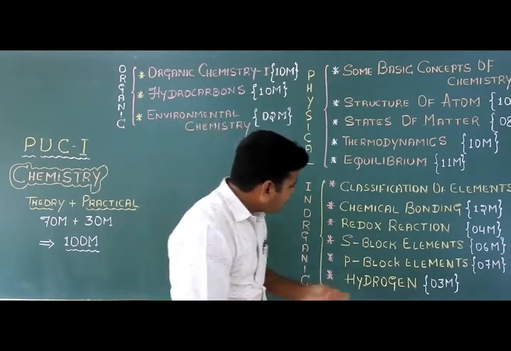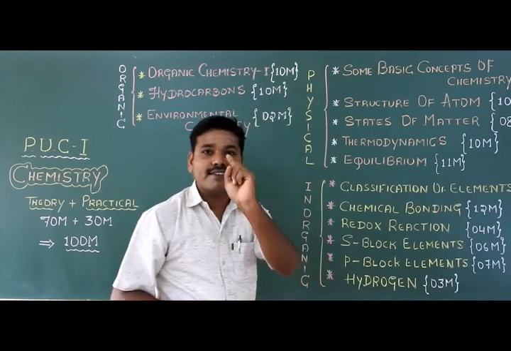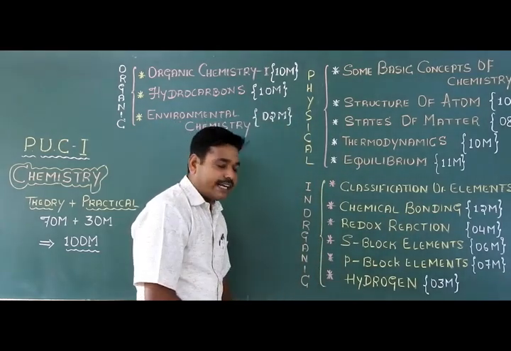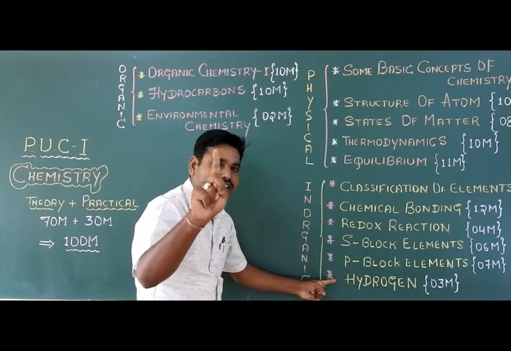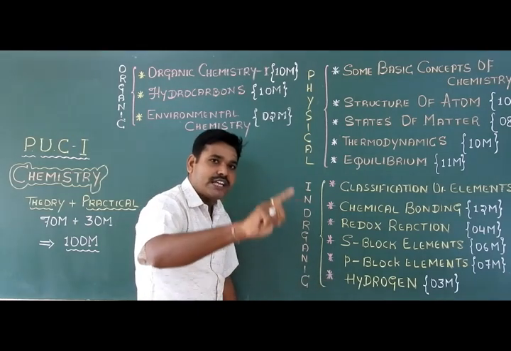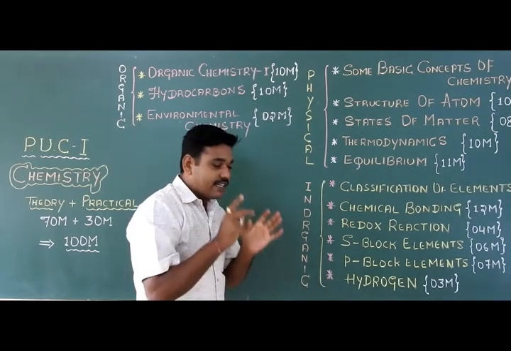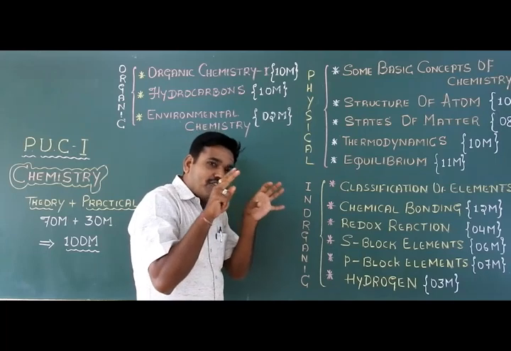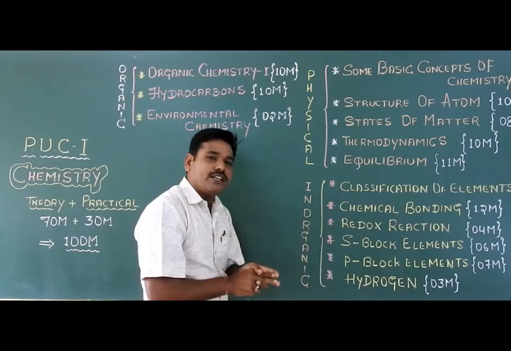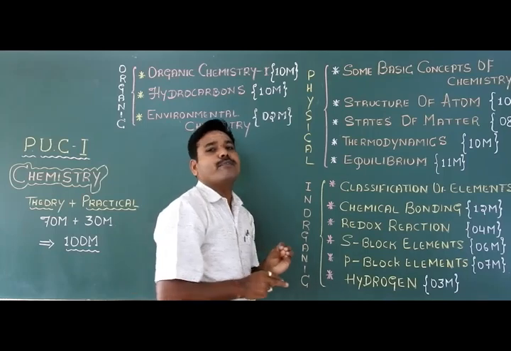And the total weightage of this p block elements chapter is 7 marks in the final examination. And now coming to the last chapter in the inorganic section, that is hydrogen and its compounds. So we'll discuss the detailed information about hydrogen in this chapter.